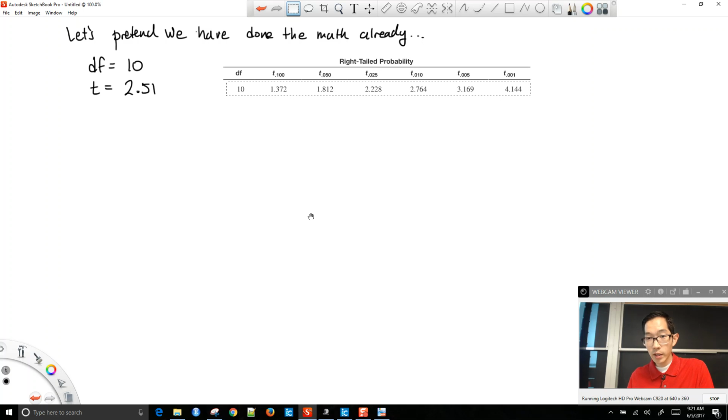Then I ask, where does the value 2.51 fit? 2.51 fits in between 2.228 and 2.764. So my corresponding right tail probability is between 0.025 and 0.010.